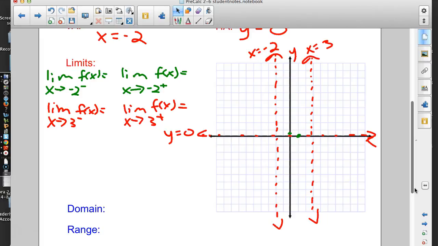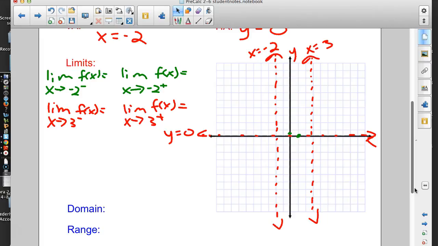X minus 1. Again, you have to use parentheses so the calculator knows. Take all of x minus 1 and divide it by x squared minus x minus 6. There it is. Grab some points.